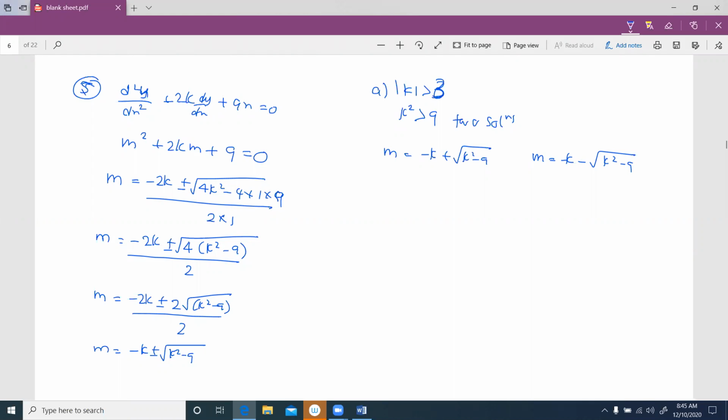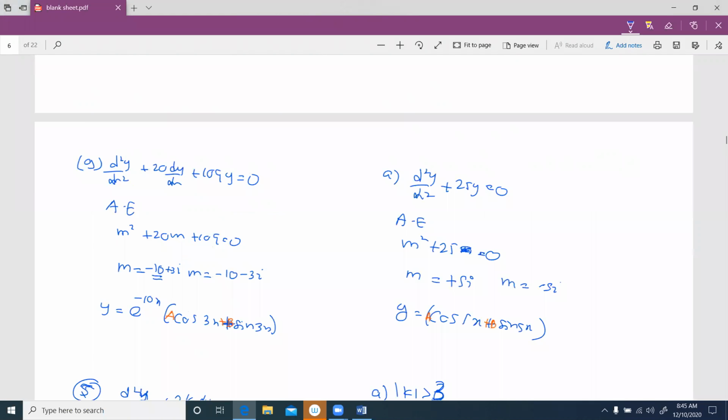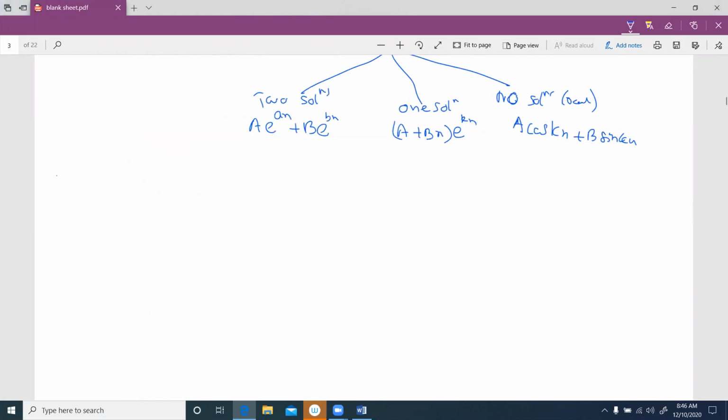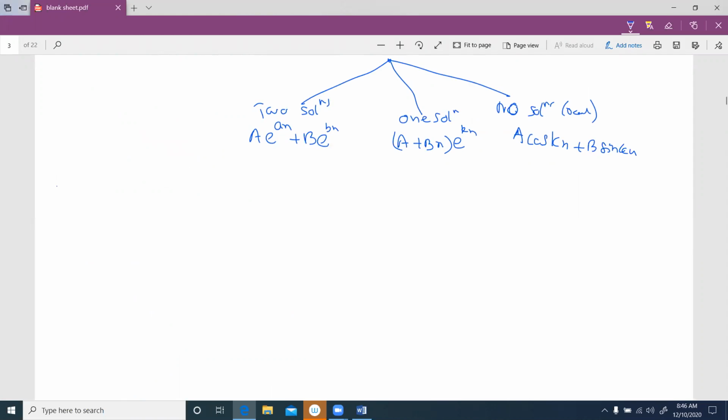With that, you can write the first type of equation, this type of situation.